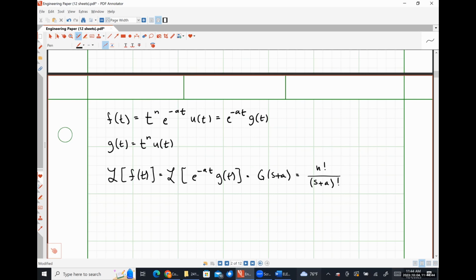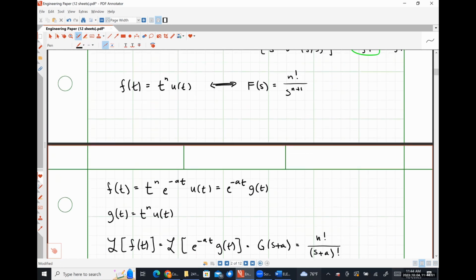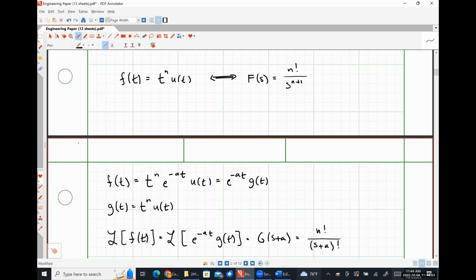No integration at all in this one. So to do this derivation, I simply use the fact that I know the Laplace transform of this thing, and my function f of t here is just this thing multiplied by a factor of e to the negative at.